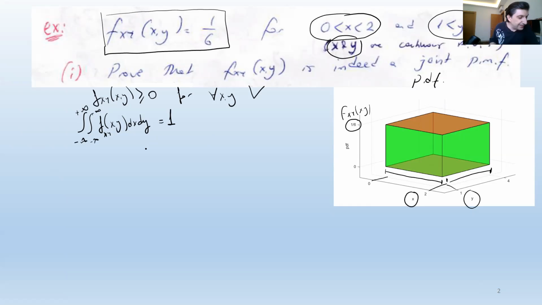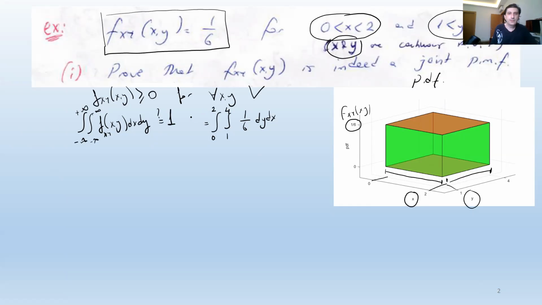We are given the support of X and Y very clearly, so let's use them. For X it's going to be 0 to 2, Y is going to be from 1 to 4, the probability density function is given as 1/6, and we have dy and dx. This should be equal to 1.